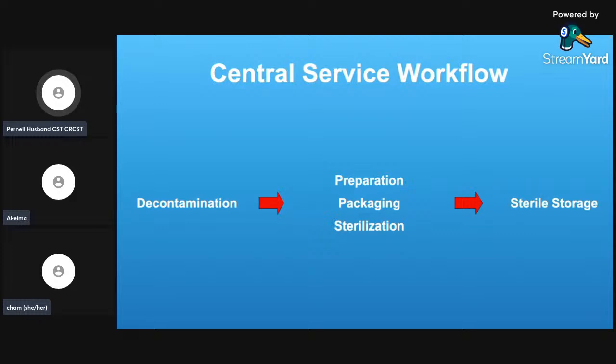So here's a basic central service workflow. The items leave the OR. Mrs. Johnson just had her brain aneurysm fixed. Those brain instruments are going to be properly prepared by the operating room staff, and they're going to be sent down to the decontamination area in the central service department, following a very strict and deliberate protocol.